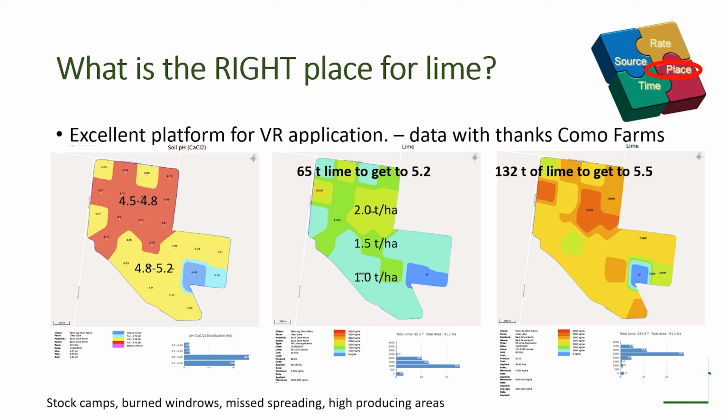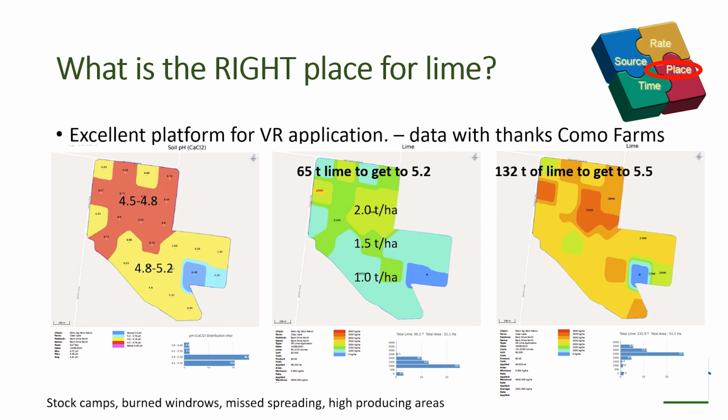If we wanted to move that paddock to pH 5.5, because of the nature of pH, remember that it's a log scale, to get that extra 0.3 would require effectively twice the amount of lime required compared to moving it to 5.2. So we might be content with getting it to 5.2 with that 65 tonne of lime on the paddock.